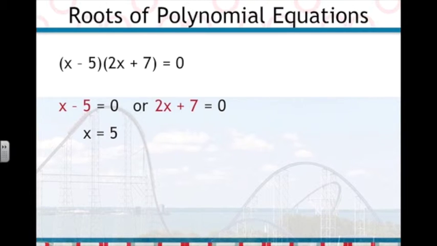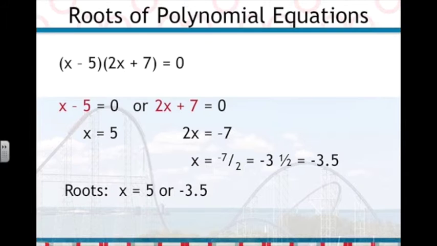First, we'll undo the plus 7 by subtracting 7 from both sides, so we have 2x equals negative 7. Then we'll divide both sides by 2 to get x equals negative 7 halves, which equals negative 3.5. Now that we've solved both equations, we know the roots of the equation are x equals 5 or negative 3.5.